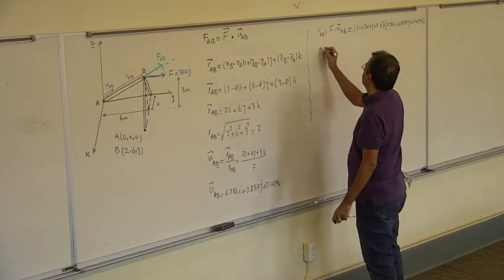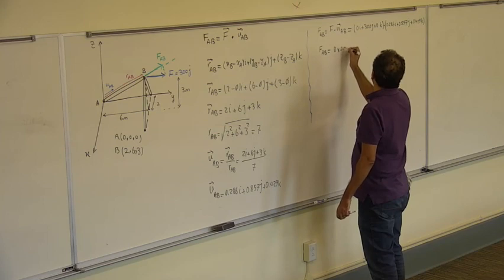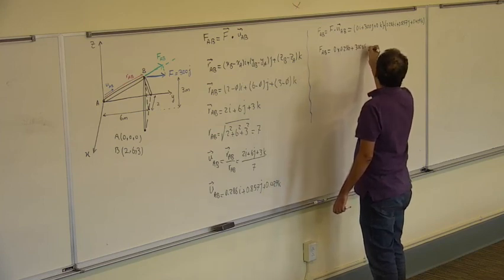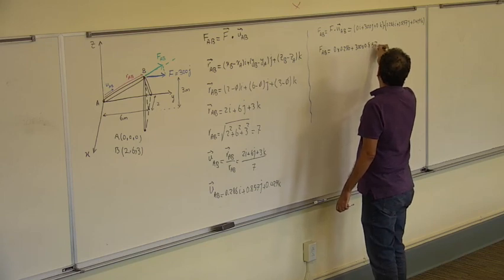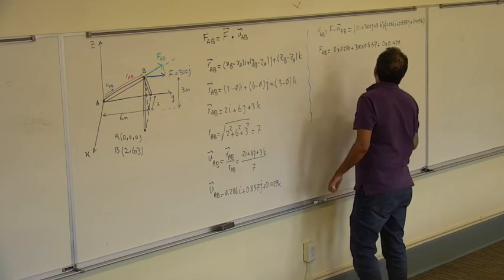FAB is going to be 0 times 0.286 plus 300 times 0.857 plus 0 times 0.429.